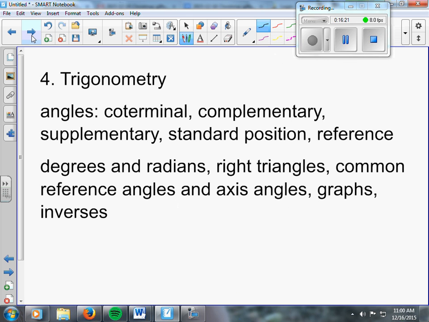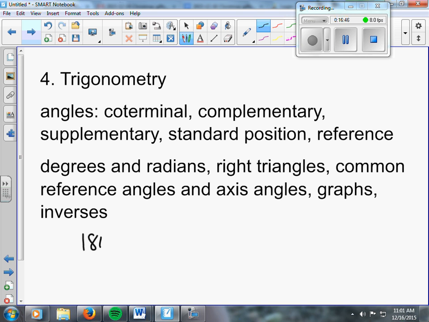Okay, the next topic is trigonometry. And this was our final pre-calculus topic before we started talking about limits and derivatives. So with angles, lots of things with angles. Coterminal angles, reference angles are probably the most important in that list of things to do with angles. Make sure you can convert between degrees and radians.